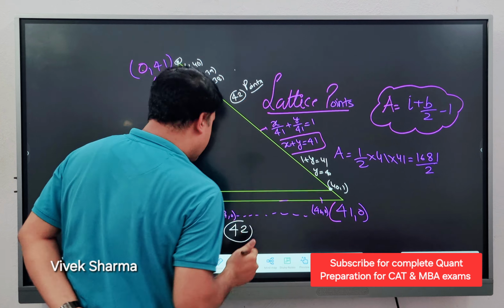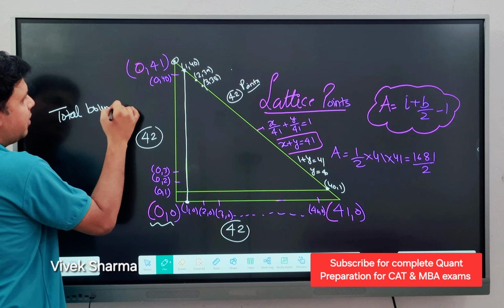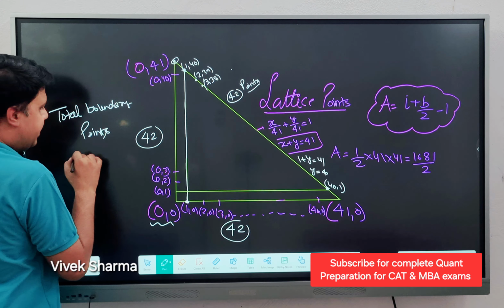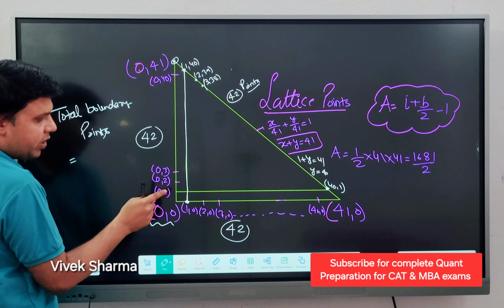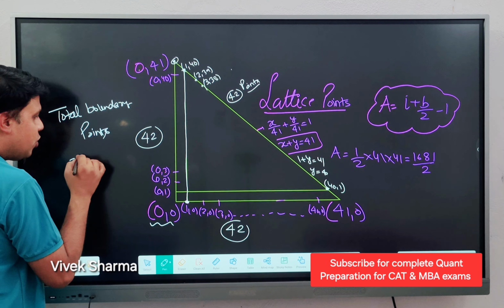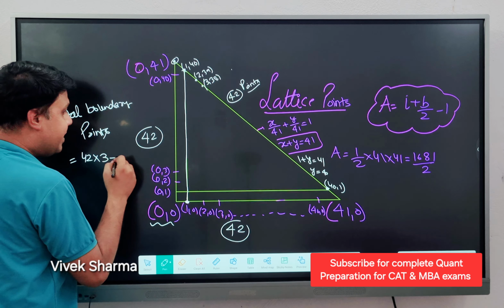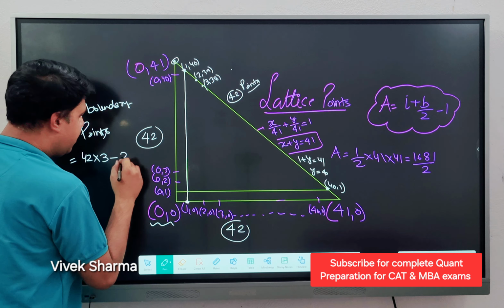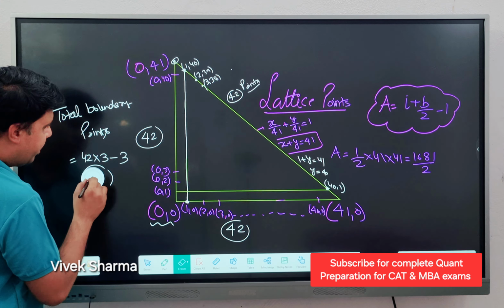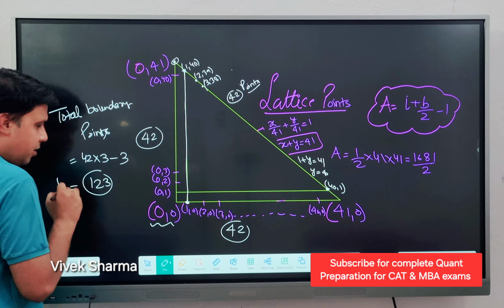So the total boundary points should be, if you have the same vertex, the same points (41, 0) or (0, 41), 42 into 3, that is 42, 42, 42, minus these 3 counted twice, so this is going to be 121, sorry, how much? 123. So this is the value of b.